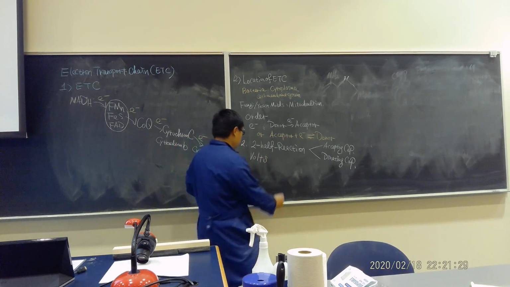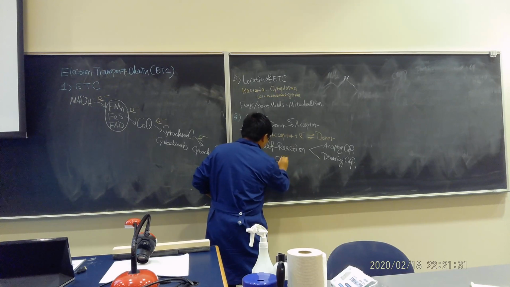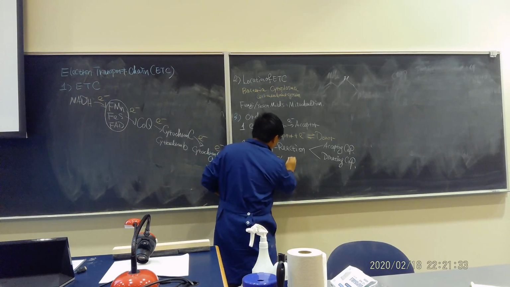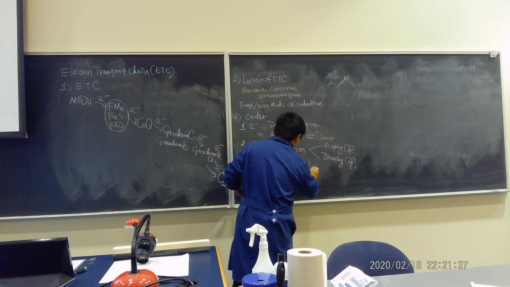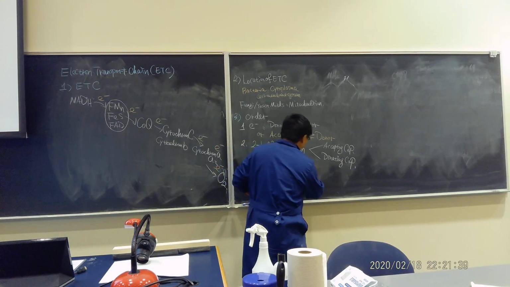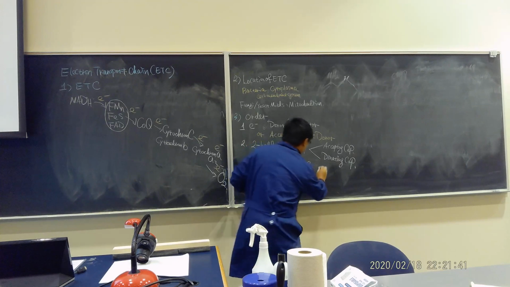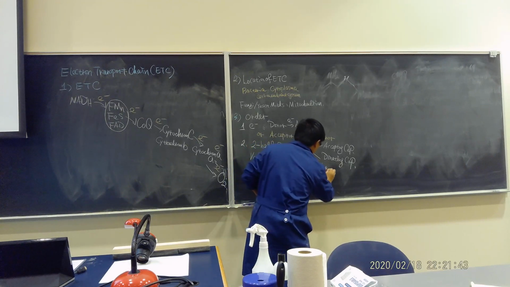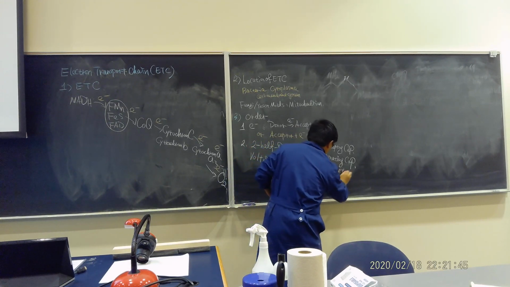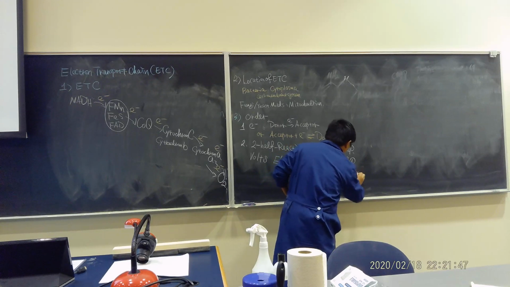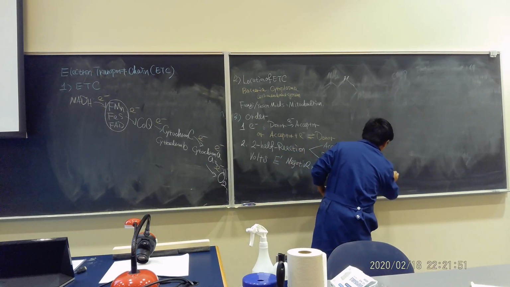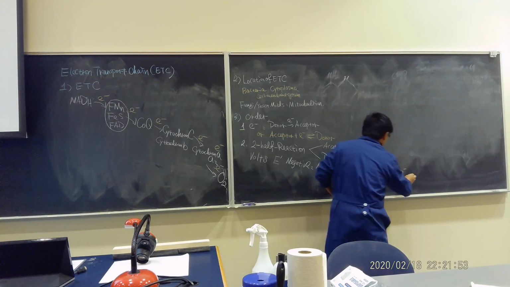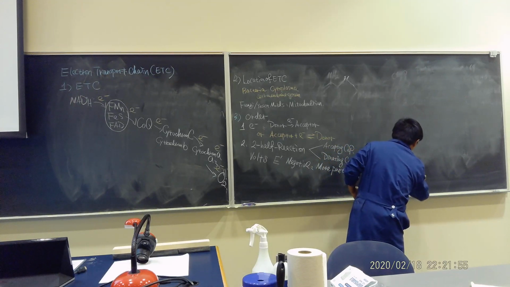If you see the E prime value is negative, which means it tends to be a good electron donor.